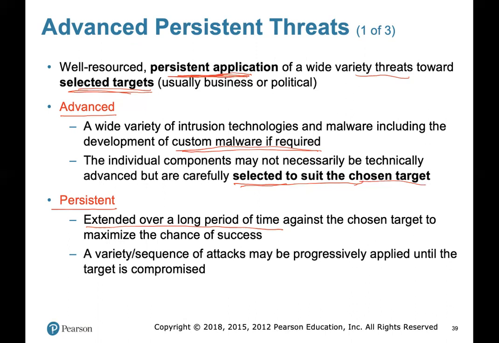If my first try doesn't go through, if I'm not successful in my first trial, I try to find another exploit or vulnerability, and I change my attack based on that. Or sometimes I implement a variety or a sequence of attacks.